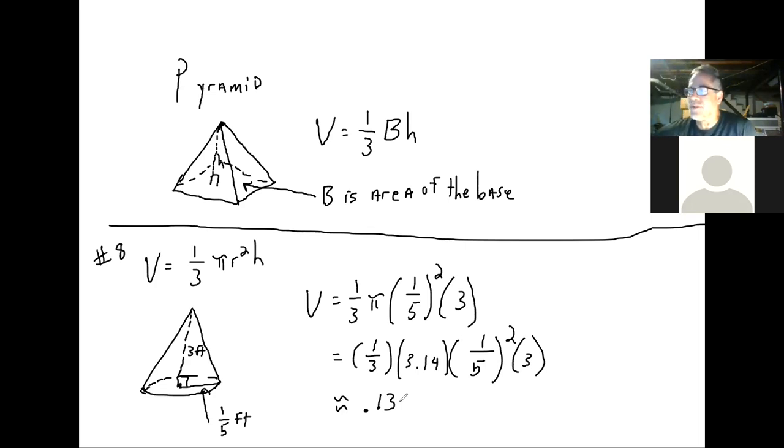And then it'll have you put the units, and you're dealing with volume, so go cubic feet. And that is it. A lot of these problems are really just being able to take the volume formula or surface area formula that we went over and putting in the numbers. Any questions on that?